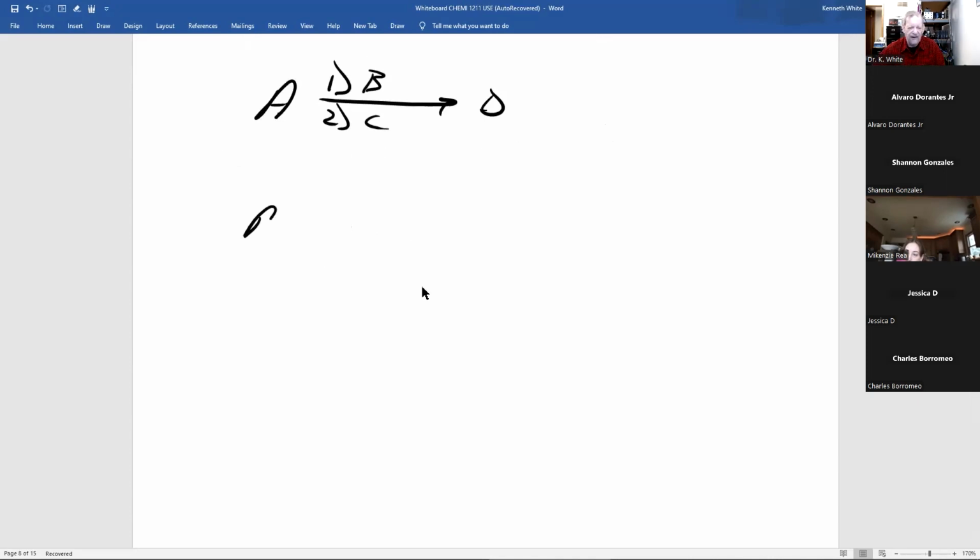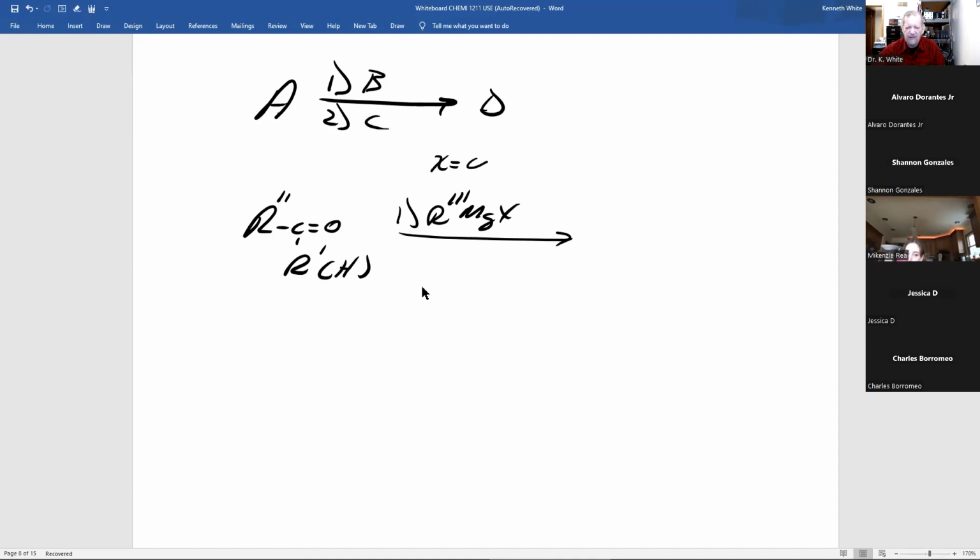So, Grignard reaction. Take an aldehyde or ketone and react it with a Grignard reagent, step one.